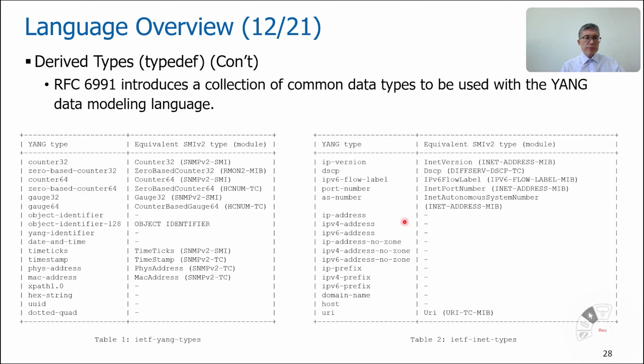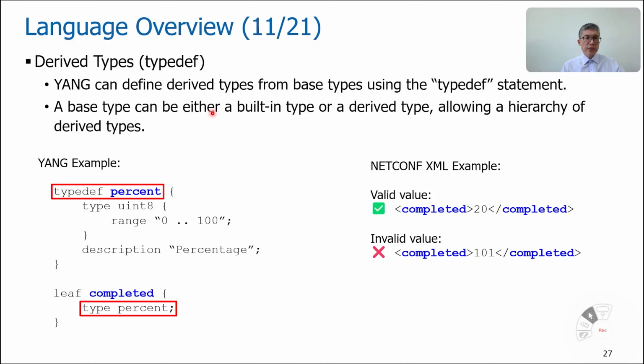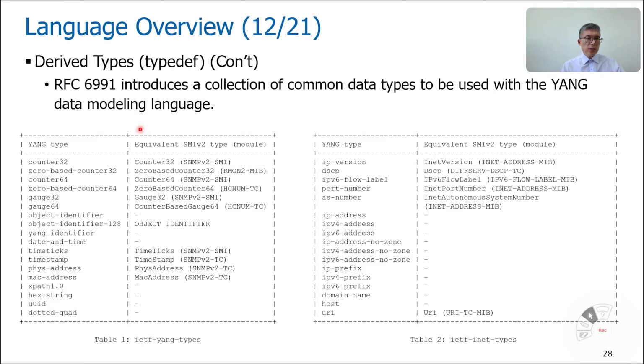Also, YANG has derived types based on these built-in types, using typedef. So counter32, counter64 for counting, something like that. And then also ipv6-flow-label, ipv4-address, ipv6-address, ipv4-prefix, ipv6-prefix for network prefixes.